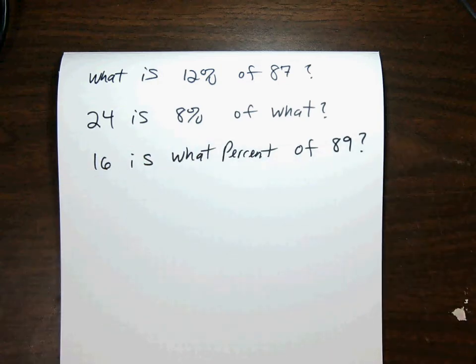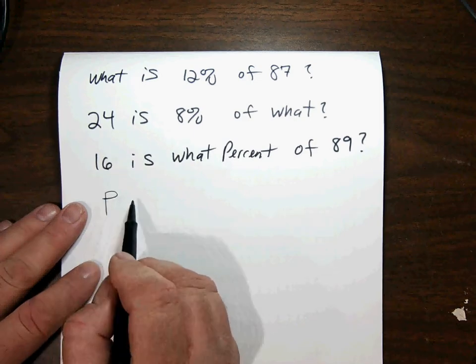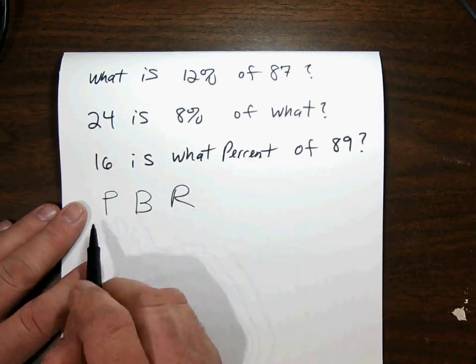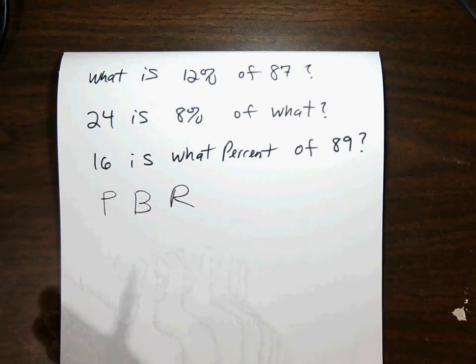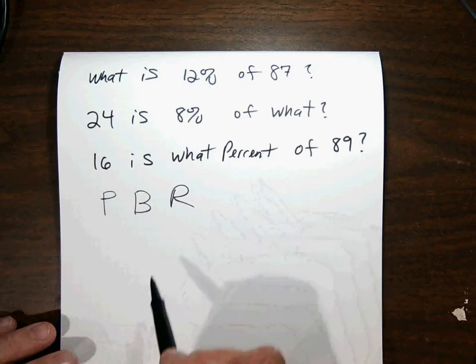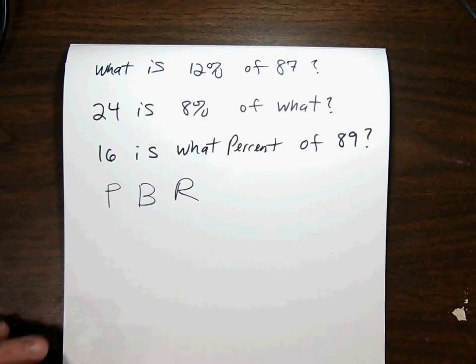The other one had that word what, or in the last case, what percent. Most texts have this little formula where we have a P, a B, and an R: a proportion, a base, and a rate. Depending on how the question is asked, it's either a multiplication or a division problem, and some texts have little pictures that help you remember which way to go. I found it so much easier to just apply a little algebra to solve these three questions.